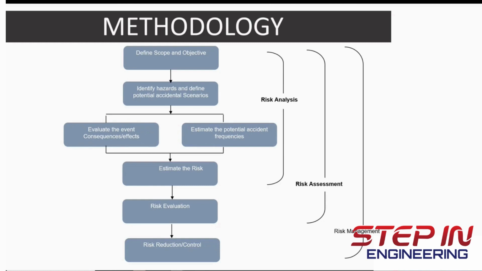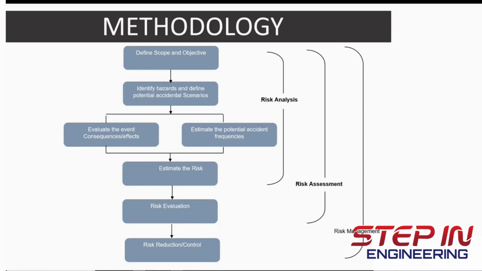Then, once we have identified the numerical value of the risk, we are going to evaluate whether the risk is acceptable or not according to the guidelines and criteria. Country to country, company to company, they will have different assessment criteria. So according to the assessment criteria, we evaluate whether the risk is acceptable. If the risk is at an acceptable level, then we say, follow your safeguards; we can give some generic safeguards.